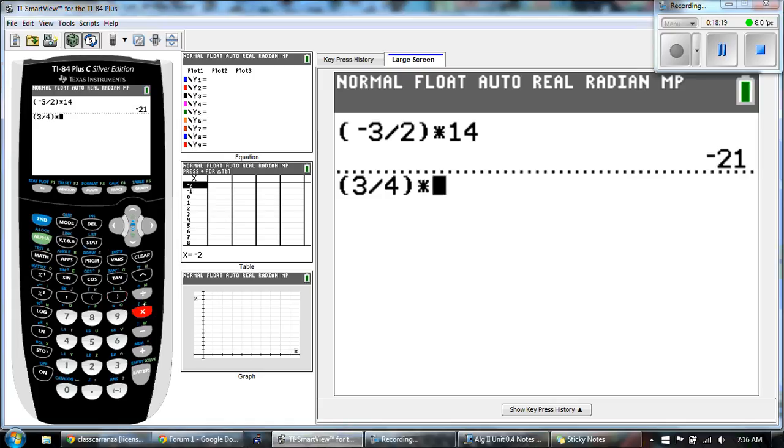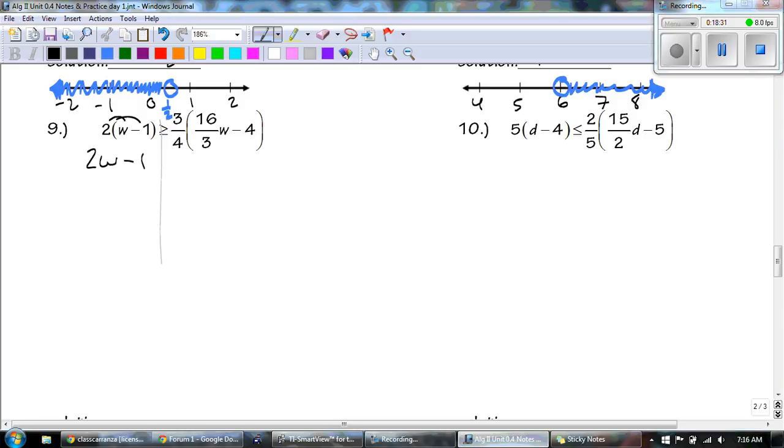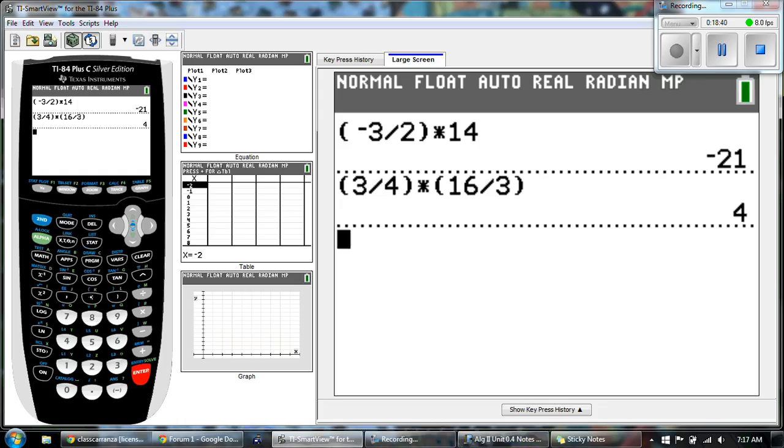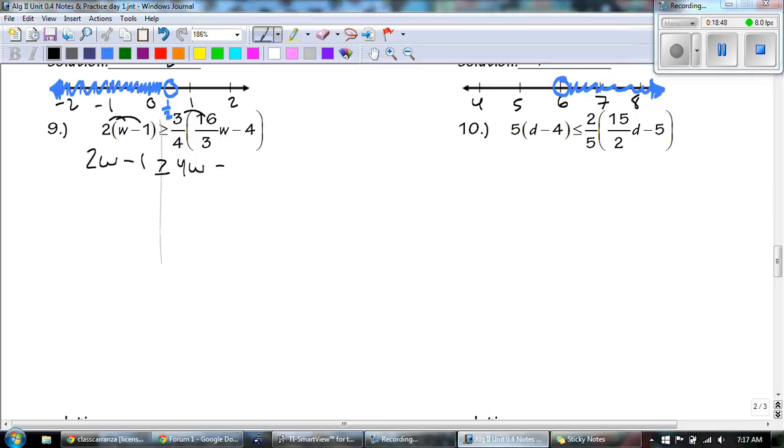I'm distributing, which means multiplication, and I'm multiplying that by 16 divided by 3, or 16 over 3. Remember to put your fractions inside parentheses. Okay, so when I distributed that first one, I get 4w. Okay, and if you need to do it for the second one, just 3 divided by 4 times 4. And we get 3.